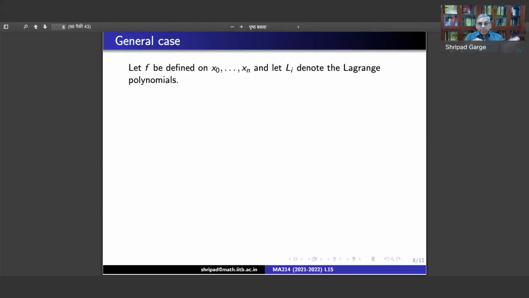So for the general case, suppose you start with your function being defined on n plus 1 nodes, x0 up to xn, and you have the corresponding Lagrange polynomials L0 up to Ln. Then we have these Hermite polynomials h_i for i equal to 0 up to n.